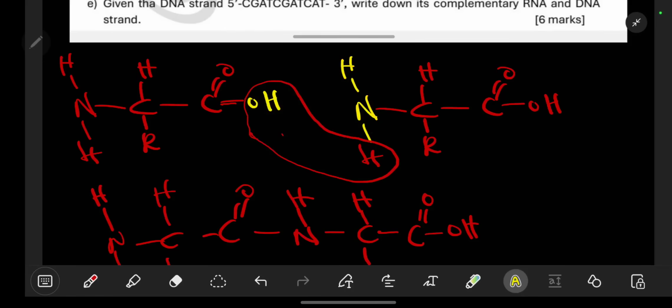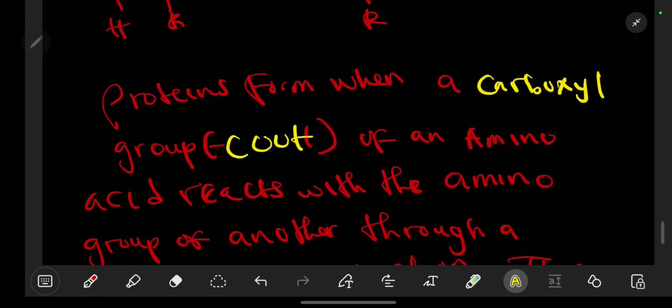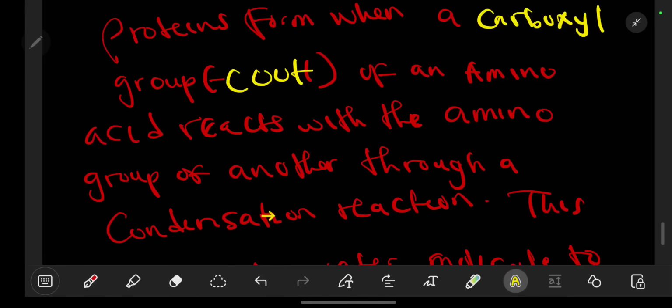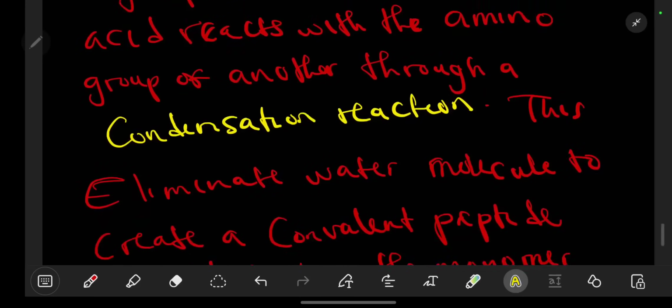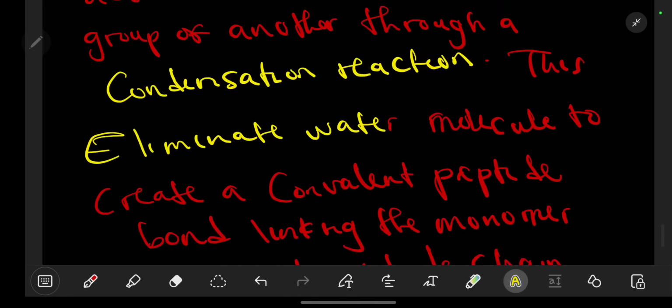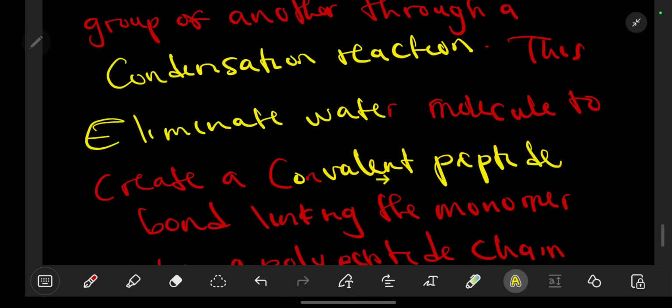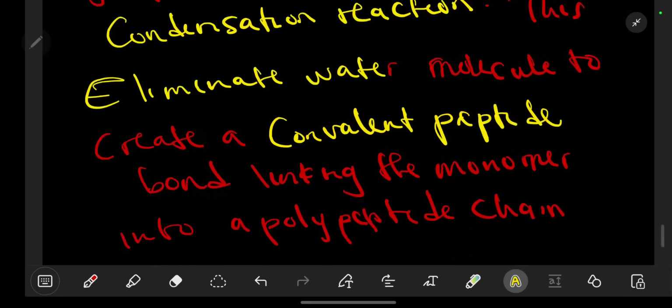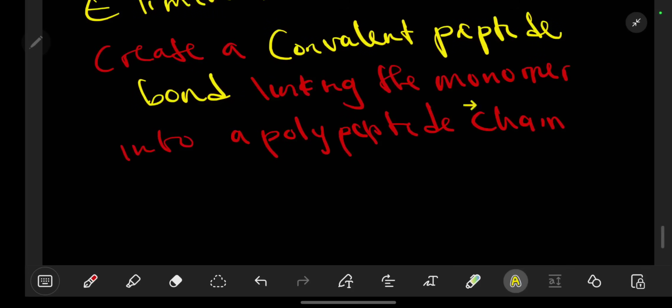When it reacts with an amino group through a condensation reaction, it involves the removal of water. This eliminates water molecules to create a covalent peptide bond, linking the monomers into a peptide chain.